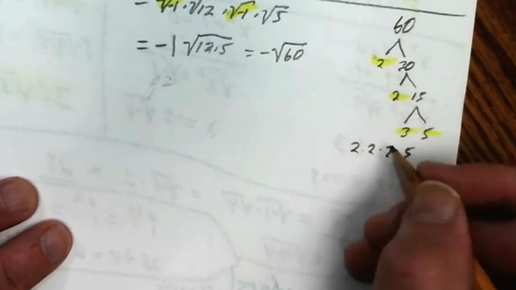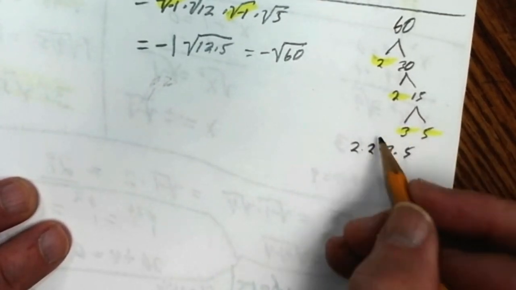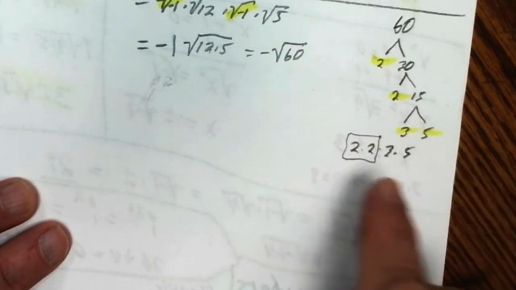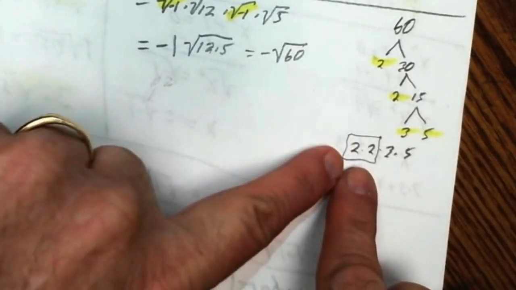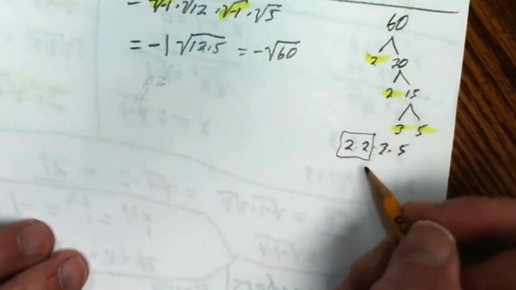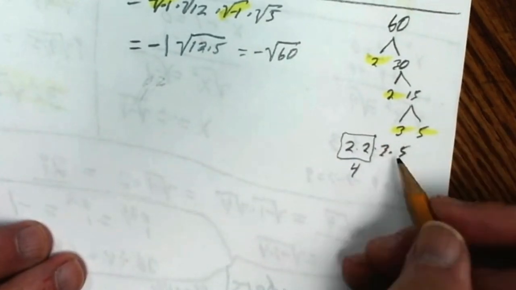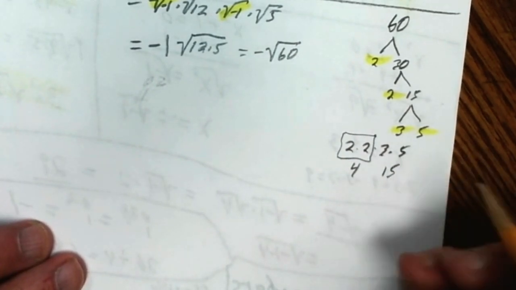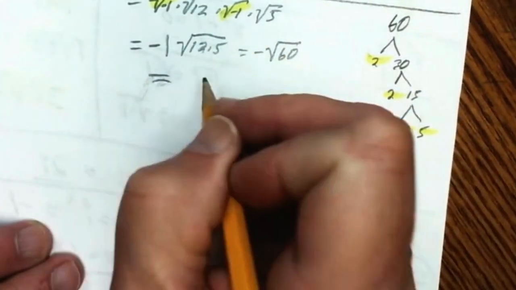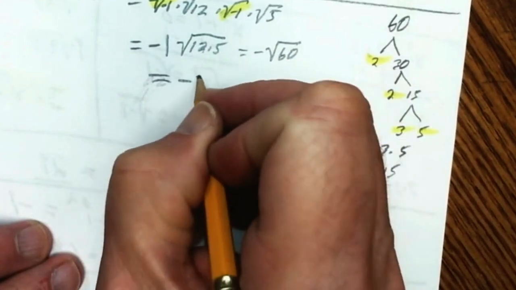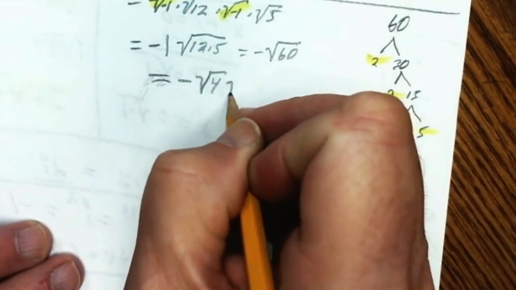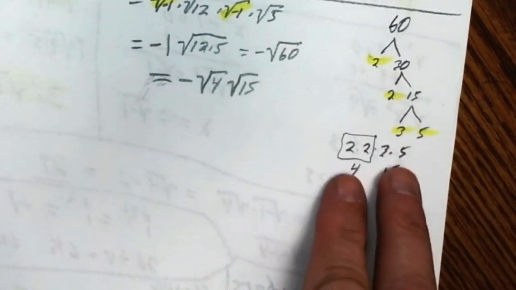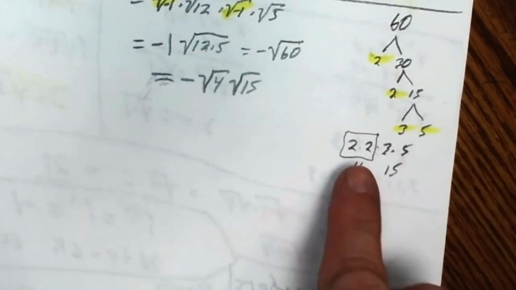Those are prime numbers. Every time there's a pair, we know we can take the square root of that. So those 2s should go together. These are done. There's only 1. If there was 2, we'd put them there. So we can do this as 4 times 15, which equals negative the square root of 4 times the square root of 15. Because I broke it down to the smallest possible numbers, I found there was 2 2s.